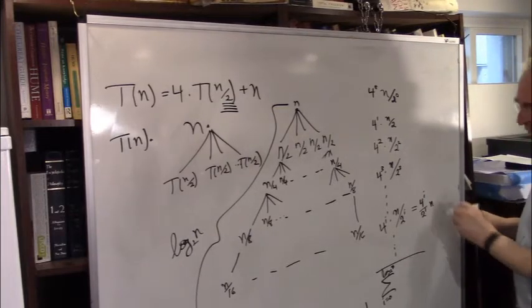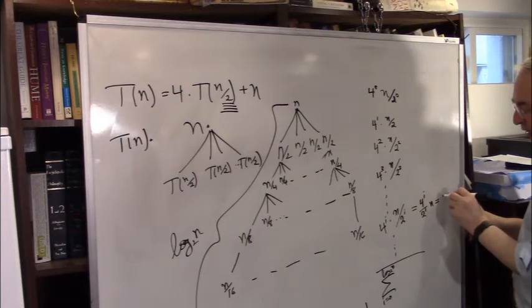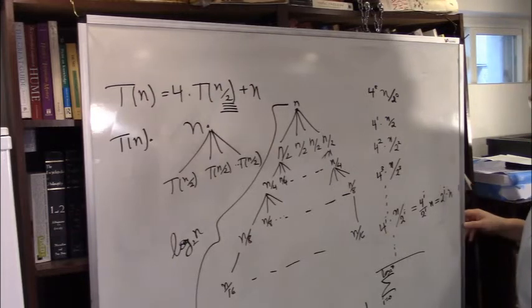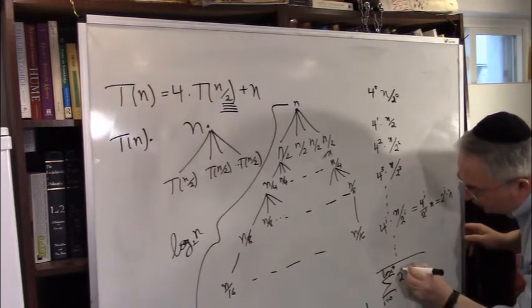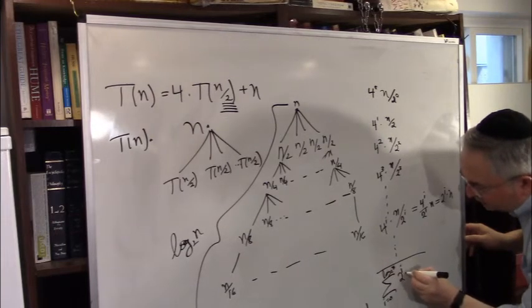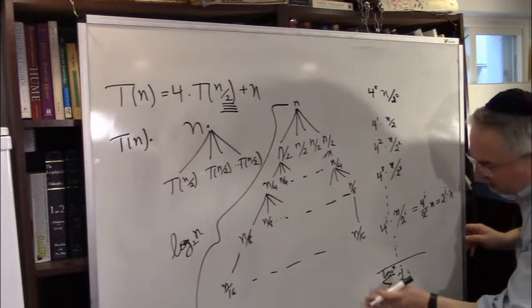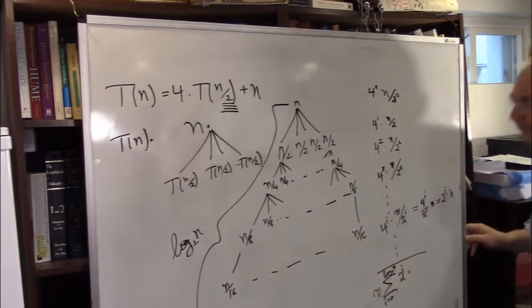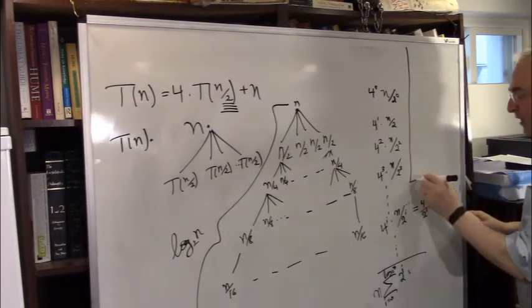Okay, this is going to equal, what's 4 over 2? This is going to equal 2 to the i, 4 cancels out with 2, times n. And so this becomes 2 to the i times n. The n can go to the front, so I'm going to put the n over here. Okay, let's finish it up over here.